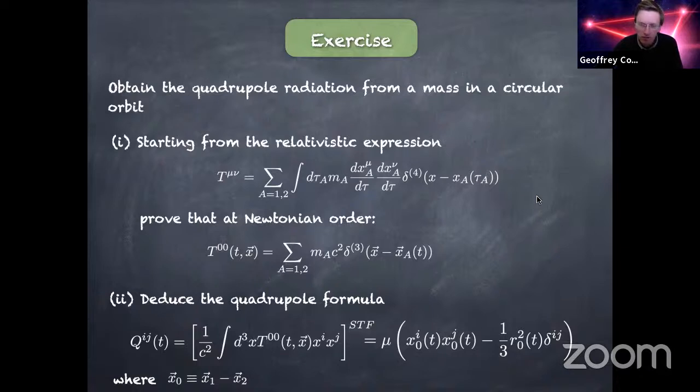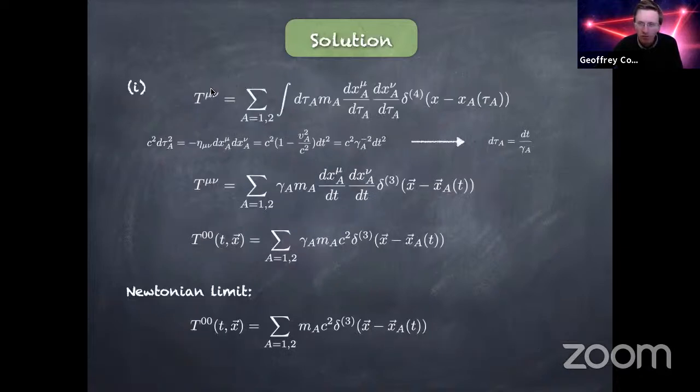Let me give you a solution. So this is the expression for the stress energy, the relativistic expression. For relativistic motion, the proper time is defined from the line element. We are here in Minkowski, so there is an overall factor of c, and the spatial components I can replace with the velocities times dt.